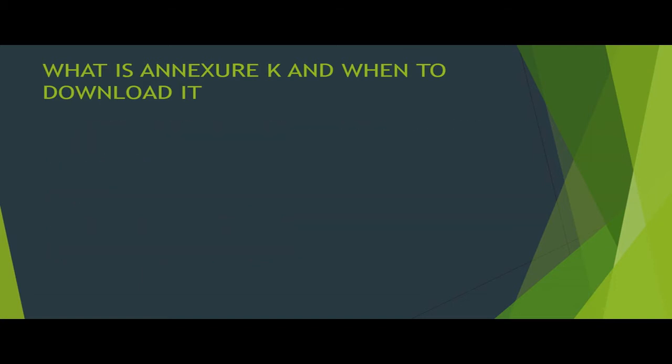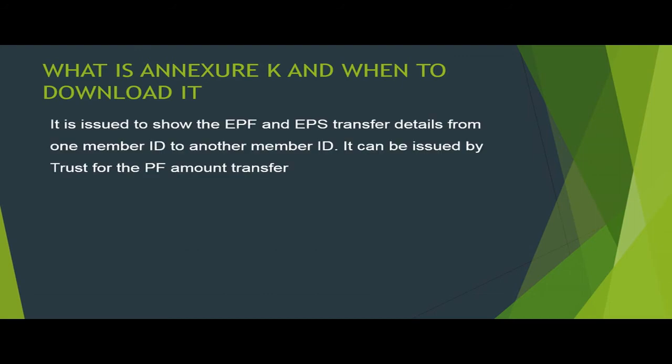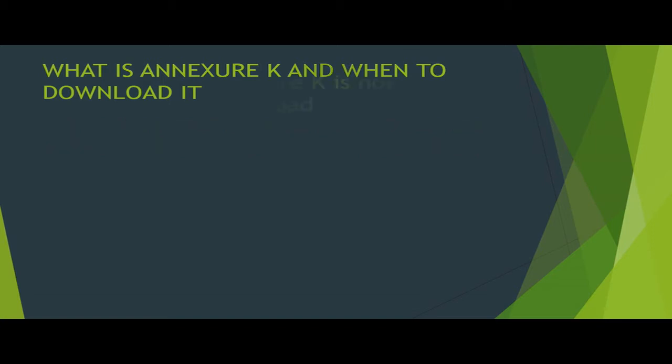Now, this document is issued by the exempted establishment because they are a trust and the PF account is maintained by the trust. So the Form K annexure will be available from the exempted company and they will need to issue this to the employee.